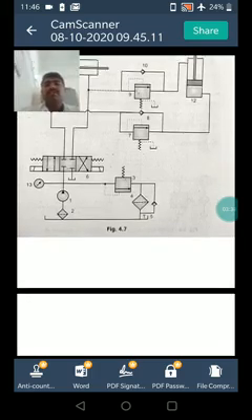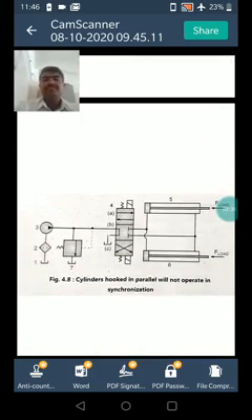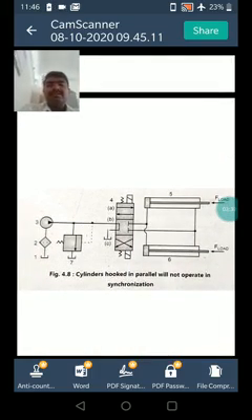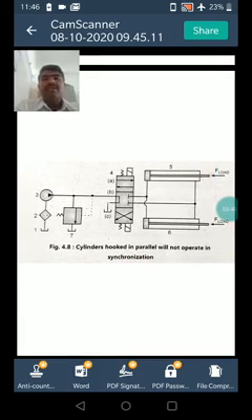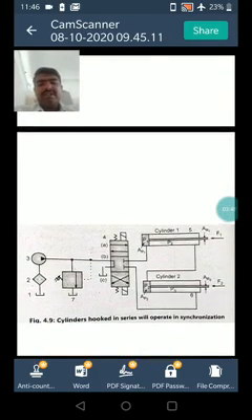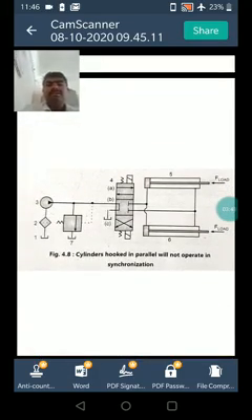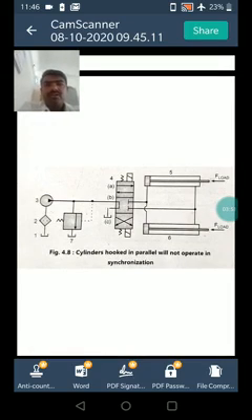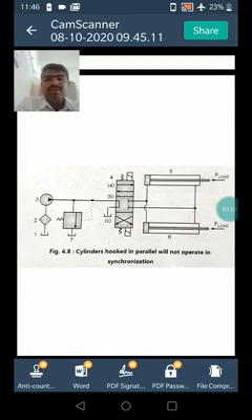Okay, then the next point is synchronization. The figure shows the synchronization circuits, first parallel and then series. First, an interesting application requires synchronizing the operation of identical hydraulic cylinders.